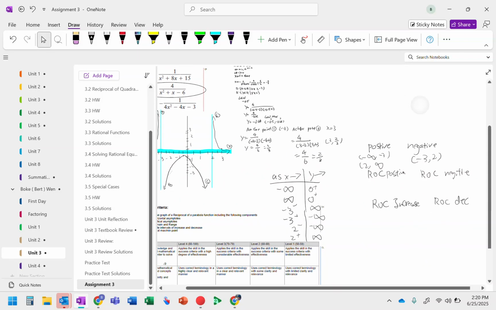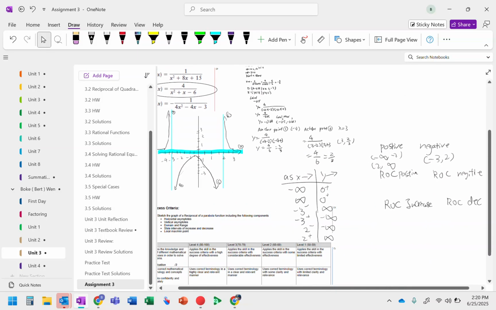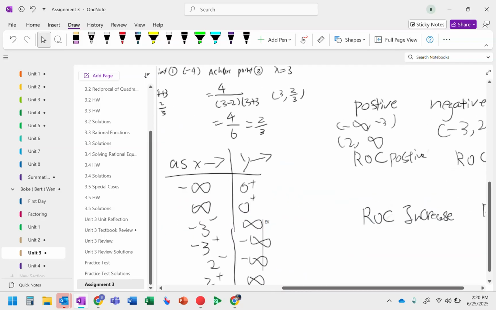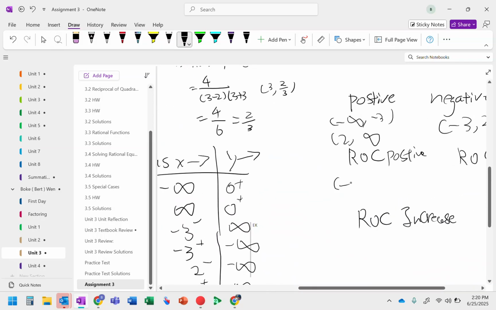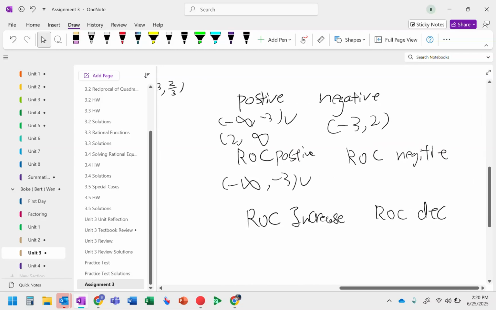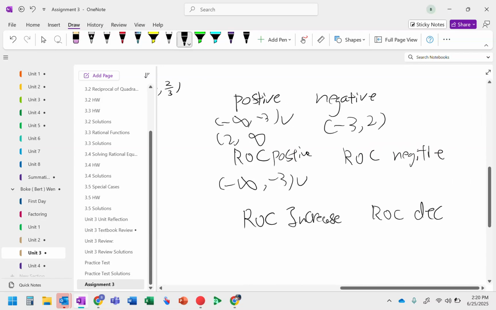And next, rock, positive. That would just be if the direction is going up. So first, negative infinity to -3, and sorry, we also have -3 to -0.5. I'll explain that in a second.